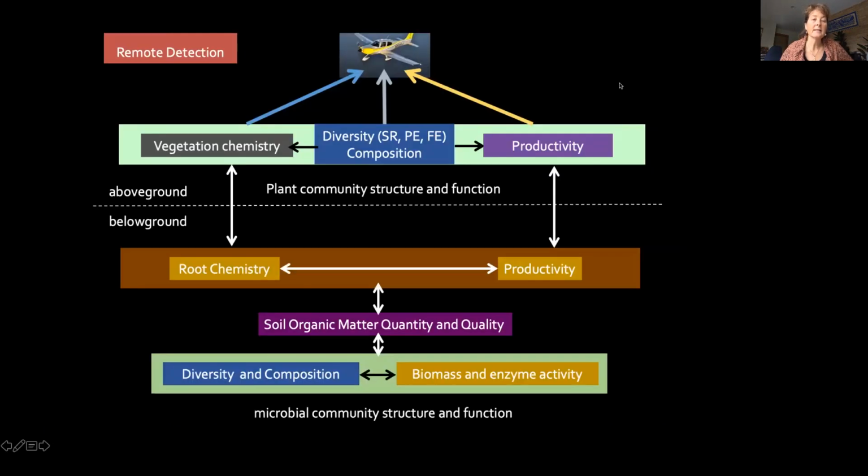And ultimately, we had this idea that if we could detect diversity and composition, vegetation chemistry, and biomass or productivity, that might tell us something about below ground processes and ecosystem functions, that may ultimately allow us to gain an understanding through remote sensing of how biodiversity and ecosystem functions are related to each other, and to learn something about what might be going on below ground based on what we can detect from airborne platforms. So this was sort of a conceptual framework for thinking about that.